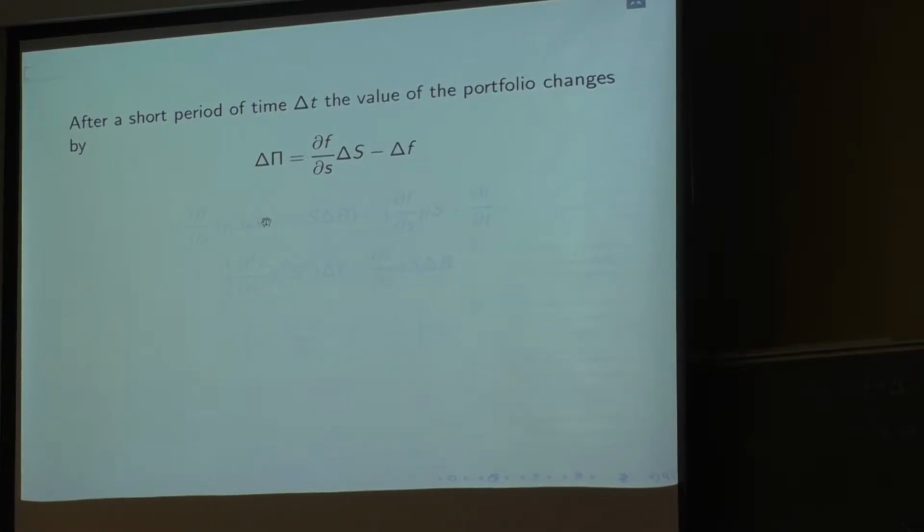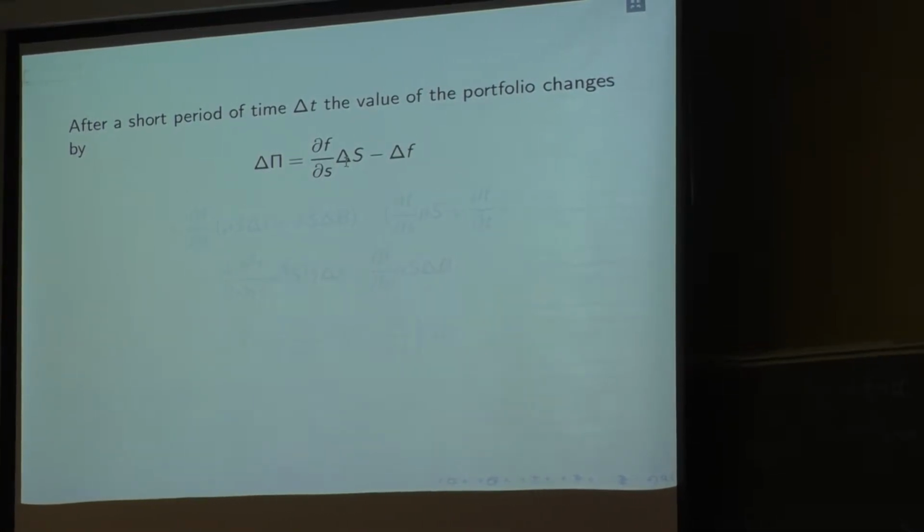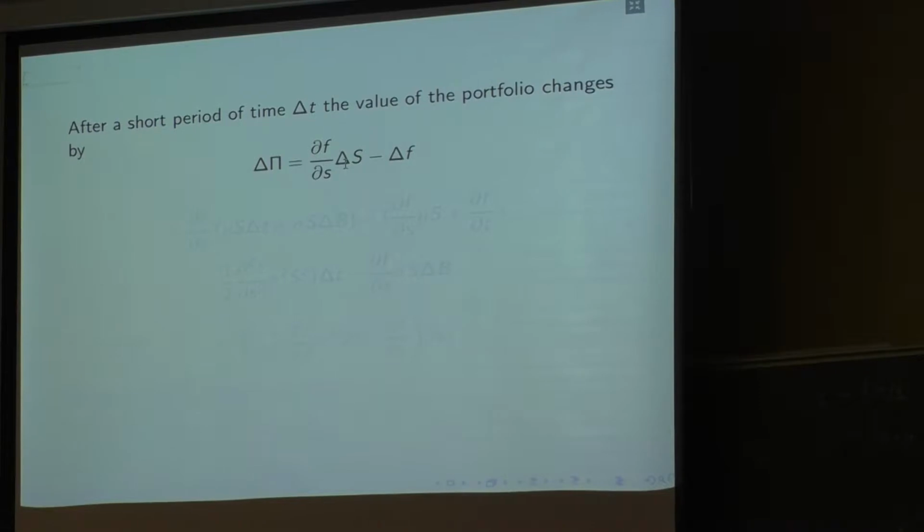And now let's write down what these things are. So we look at delta S. What is delta S? Well, dS, over the infinitesimal period of time, we said our underlying asset price satisfies mu S dt plus sigma S d Brownian motion.